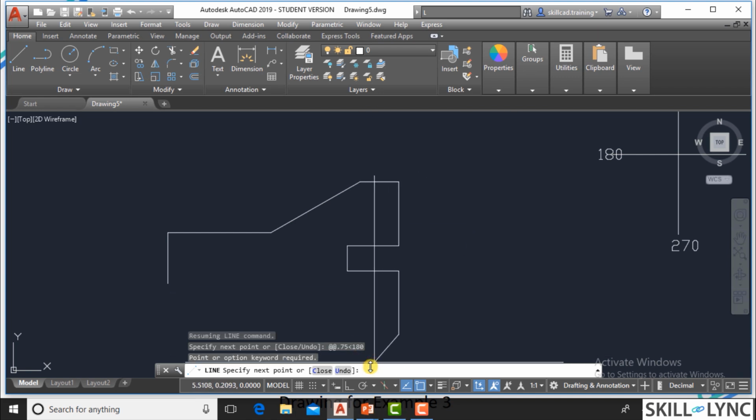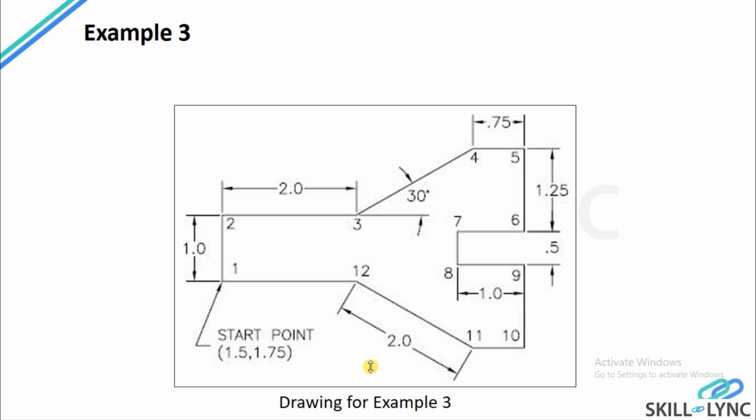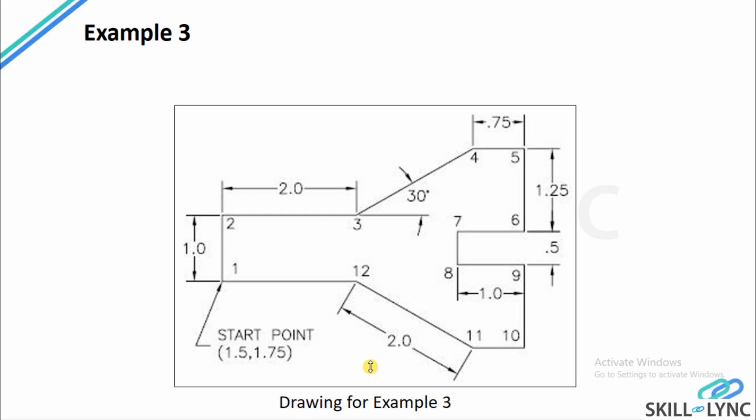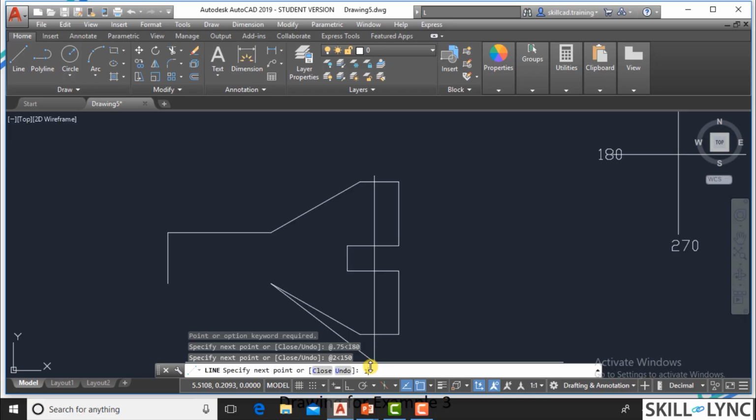Okay, so something is missing. This double @ is there. @0.75<180, and then you have now the angle of 150 degrees, @2<150, and then you can come to the point 1.5,1.75.